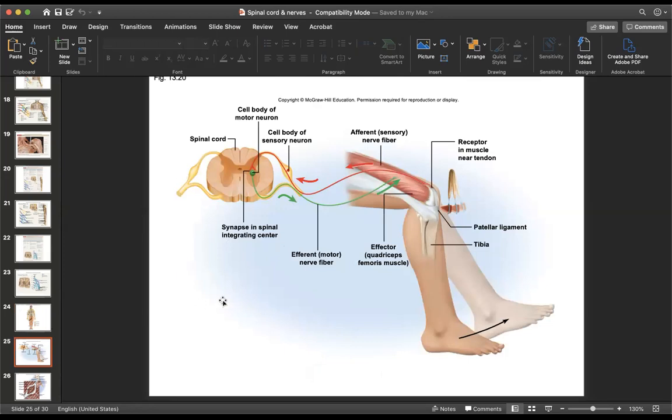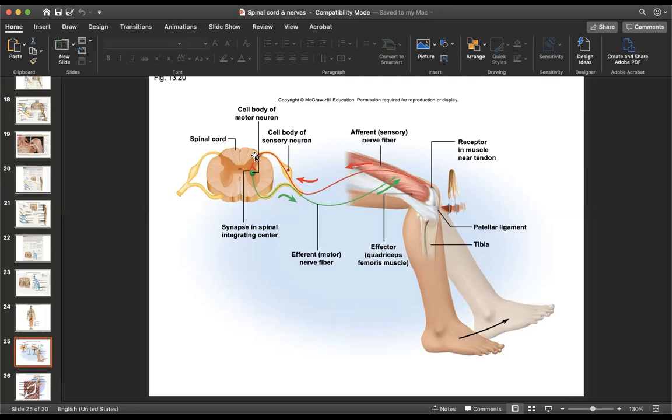Okay, so some kind of quick and dirty reflexes, and again, we'll talk about reflexes a little bit more next week. I know an hour is getting to pushing what we want to do in lecture, but here is your simplest reflex, and it is what they refer to as a monosynaptic reflex.